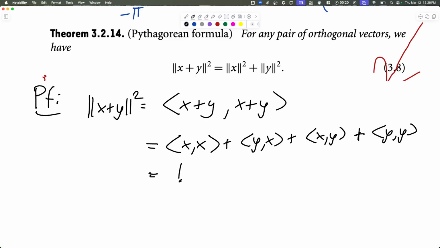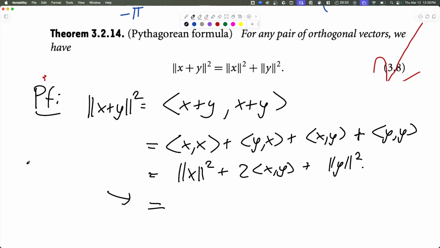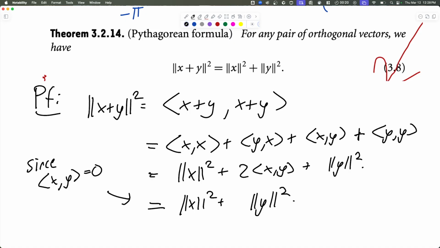And okay, this is the norm of x squared plus 2 times the inner product of x and y plus the norm of y squared. And now this is equal, not less than or equal to, since the inner product of x and y equals 0. This is equal to the norm of x squared plus the norm of y squared. And that's Pythagoras. So Pythagoras is like a snap in terms of the inner product. Much easier than the geometric proof the Greeks did.